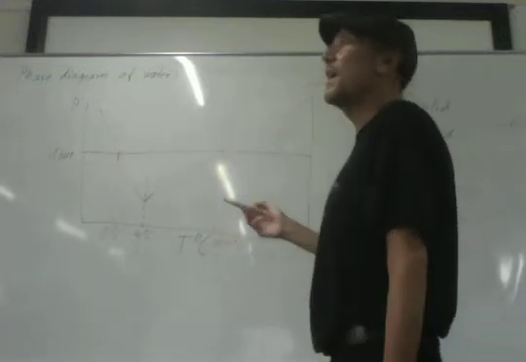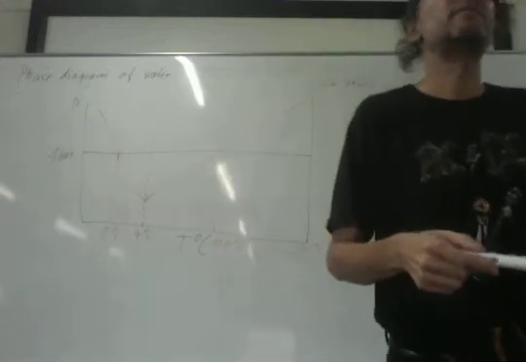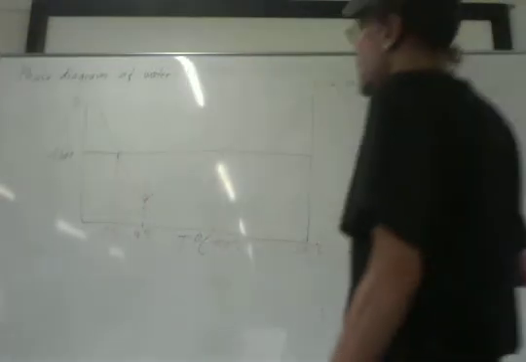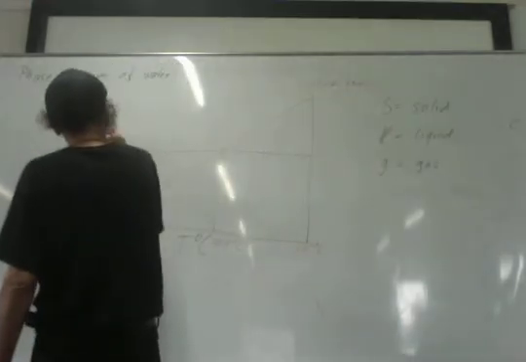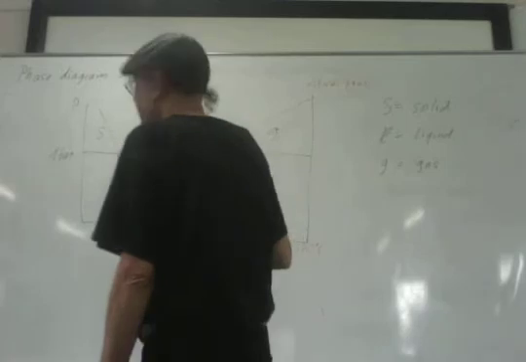And where do we have in this diagram solid, liquid, and gas? That is very easy, yeah? Here we have solid, then we have liquid, then we have gas.